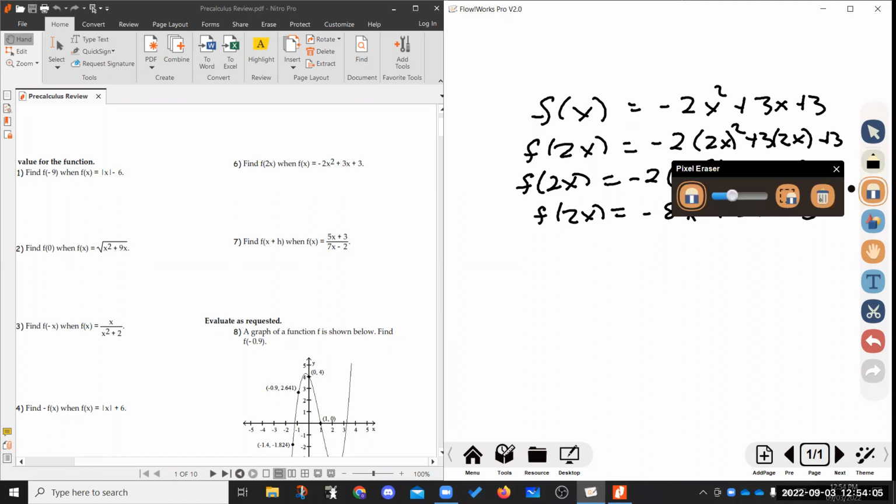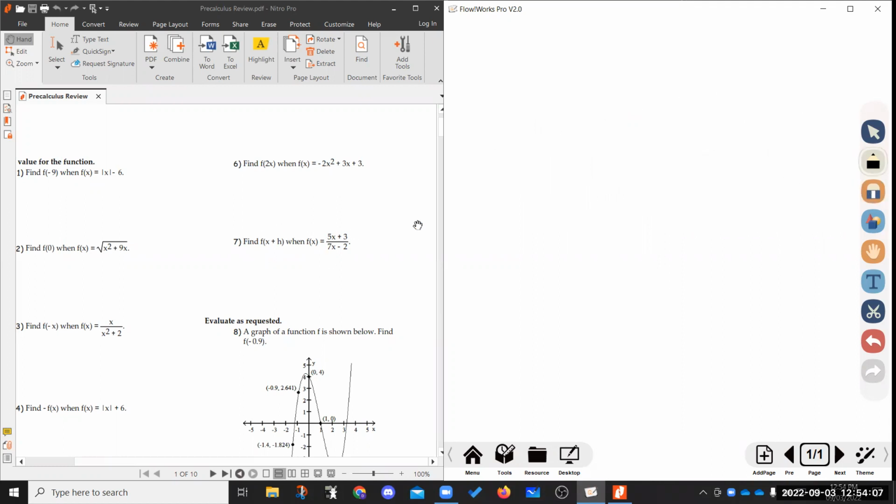Now we're going to do an important type of composition of functions here that we're going to use with something called a difference quotient later. We have to learn how to find f of x plus h. Typically we're going to call that f of x plus delta x in calculus, but it's the same thing. So our f of x is equal to 5x plus 3 over 7x minus 2.